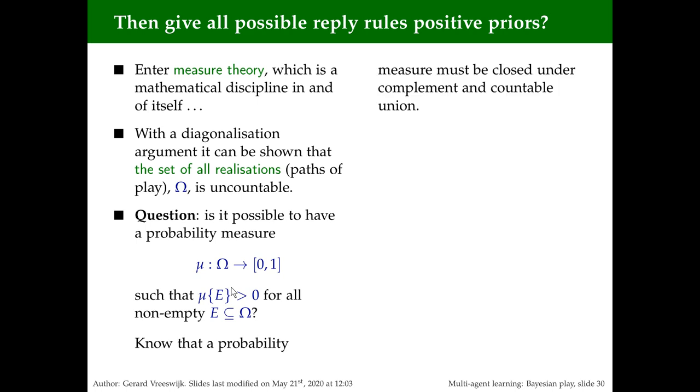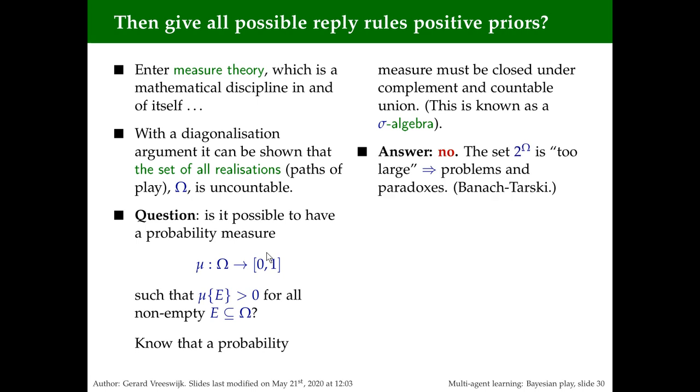It is known that the probability measure must be closed under complement and countable union, and if an operator satisfies these properties, this is called a sigma algebra. And the answer is negative. The set simply is too large. The set of all subsets of all possible play paths is simply too large. And if we would try to enforce this, we would run into all kinds of problems and paradoxes.